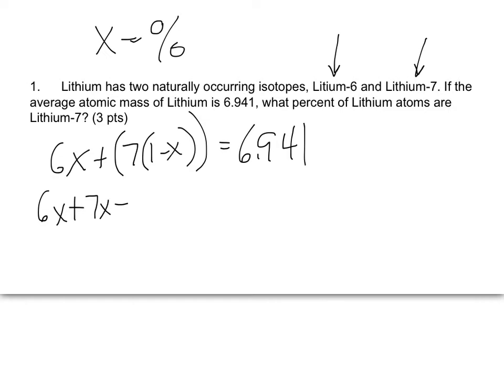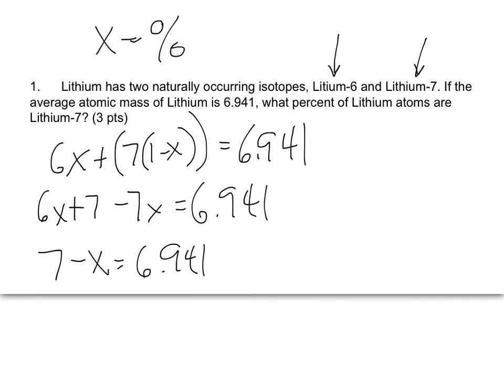Okay, so 7 minus 7x equals 6.941. So, when you resolve this, you end up with 7 minus x equals 6.941, which means that x equals 0.059.